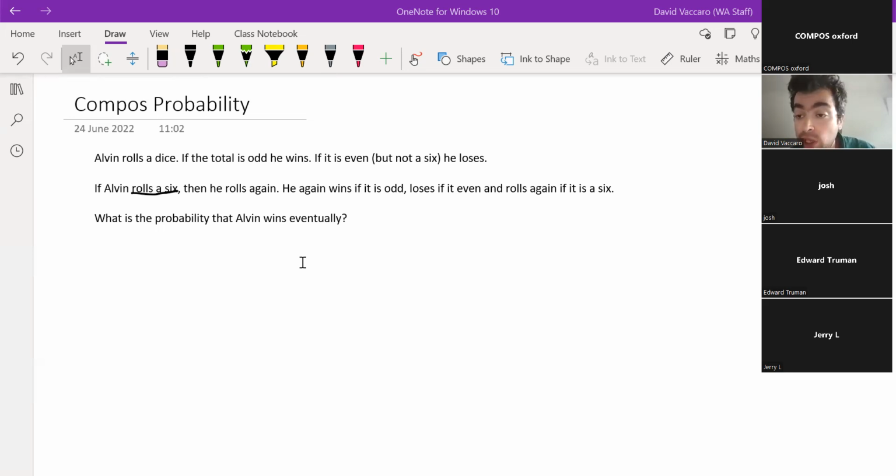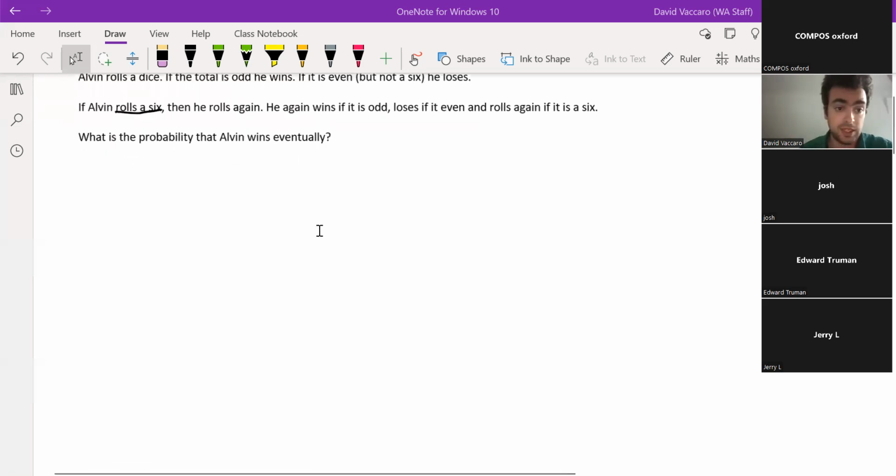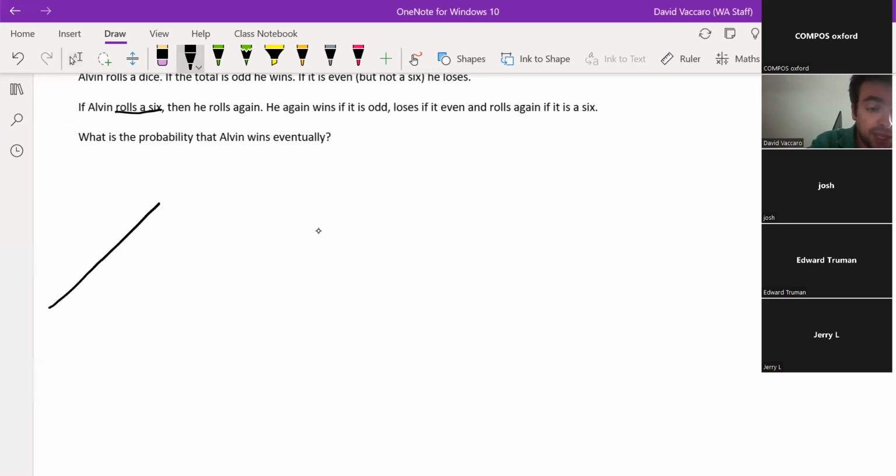So let's use a tree diagram, and let's see what a tree diagram tells us. On the first roll of the dice, there's essentially 3 different cases to consider. Alvin can roll a 1, a 3, or a 5, and that's with probability exactly 1/2.